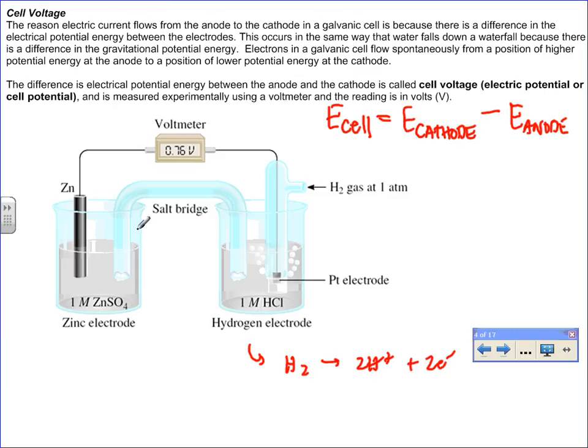For example, if I want to know the relative potential of zinc, I place it up against the SHE electrode and I measure the cell voltage, which is the difference in potential between these 2 points. Because I've assigned this to be 0, I am then able to determine what the relative potential of the zinc is compared to the SHE electrode.